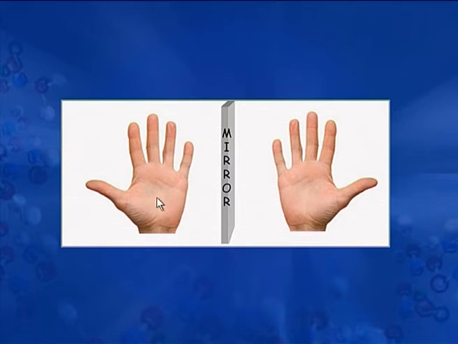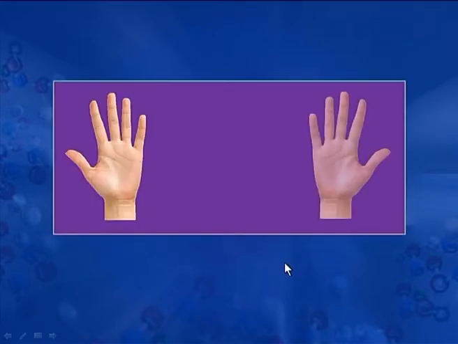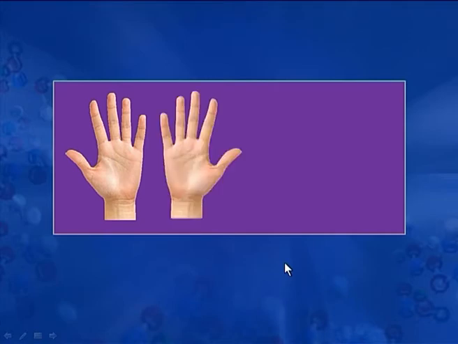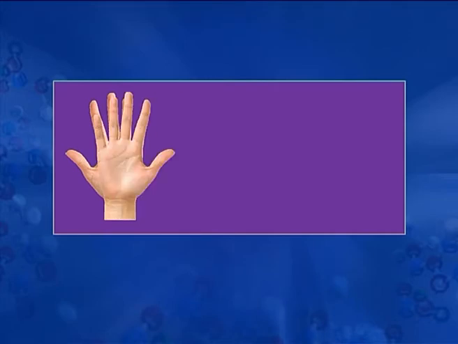Here we have shown the mirror image of the left hand, or we can also say this is the mirror image of the right hand. Now, let us try to superimpose these two hands in order to check whether they are identical or not. What do we observe?